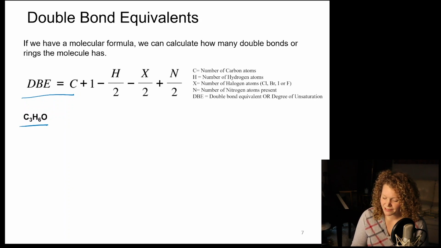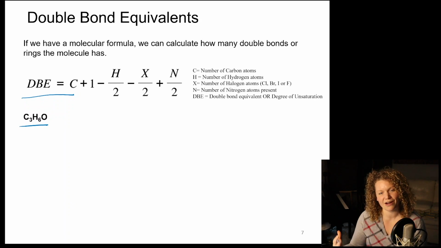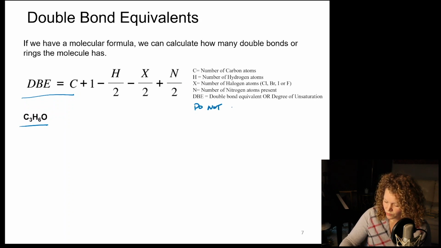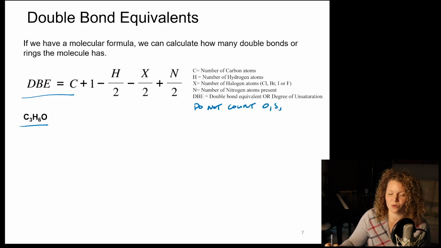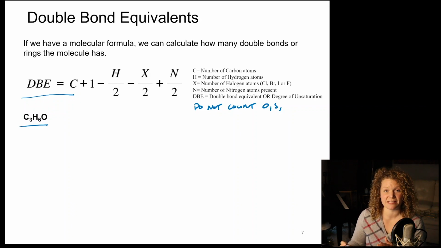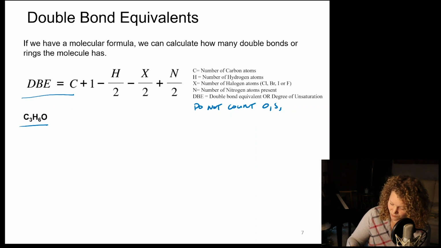Double bond equivalence is essentially taking the number of carbons plus 1 minus the number of hydrogens over 2 minus the number of halogens over 2 plus nitrogens over 2. When you do this, you do not count oxygens or sulfurs, okay? So let's go ahead and do this DBE for C3H6O.